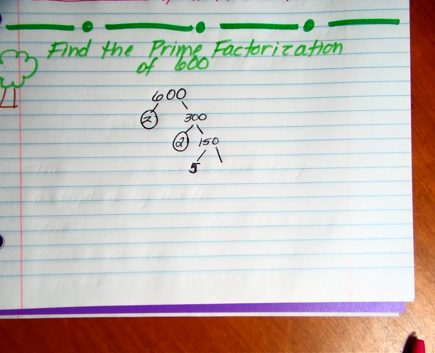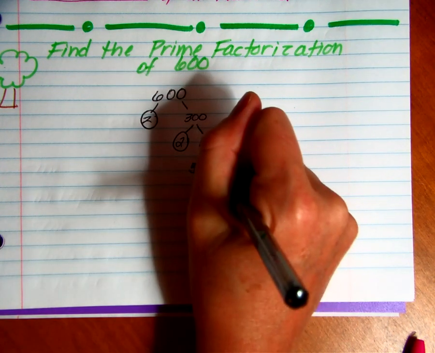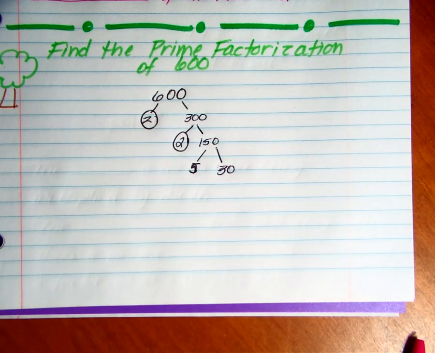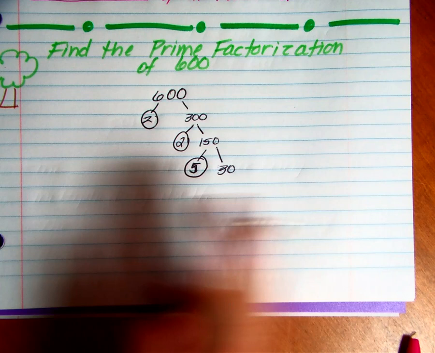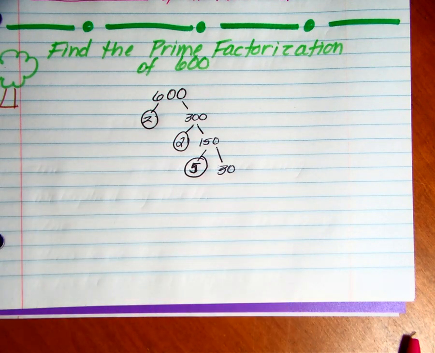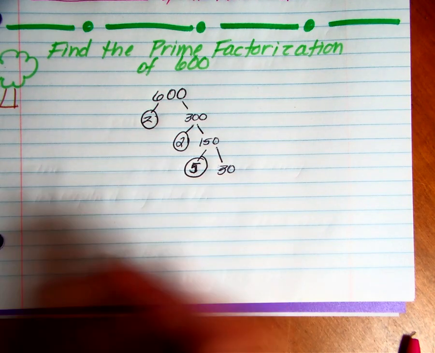You said 5 times 30. You are correct. Now you might also remember from our sieve activity that 5 is prime. But 30 is composite. So we have to keep going down that branch.